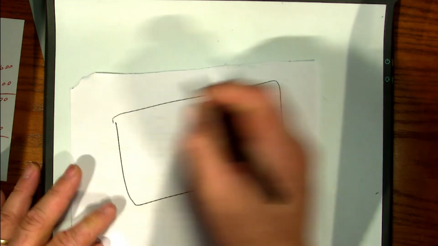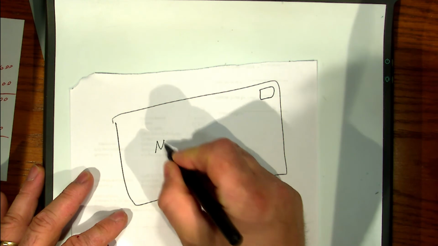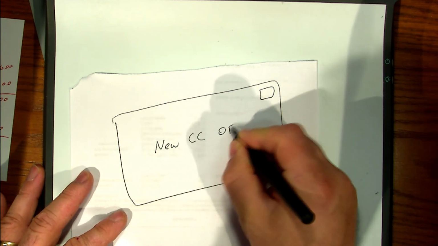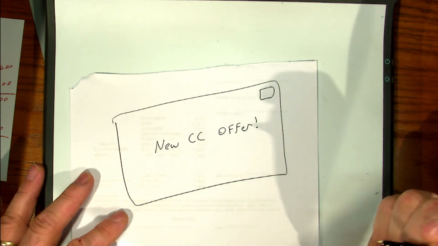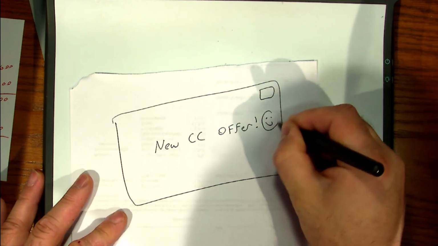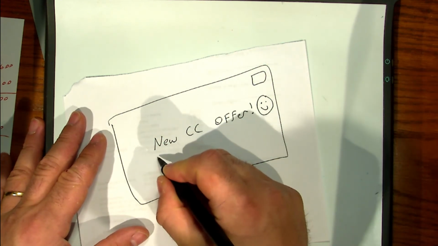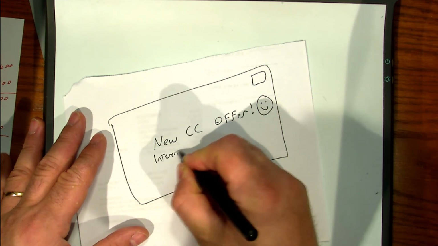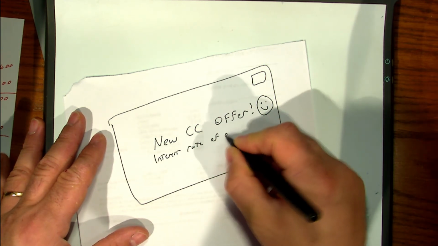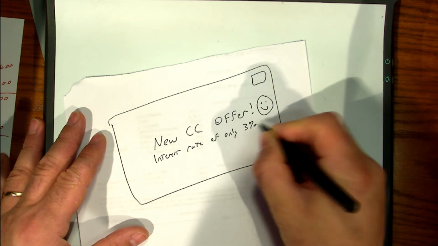Let me tell you a trick that they used to do in the 80s and 90s to try to get you to accept their credit card. They would send you an envelope, and there would be the stamp, and it would say, new credit card offer. Happy face, right? And it would say, interest rate of only 3%.